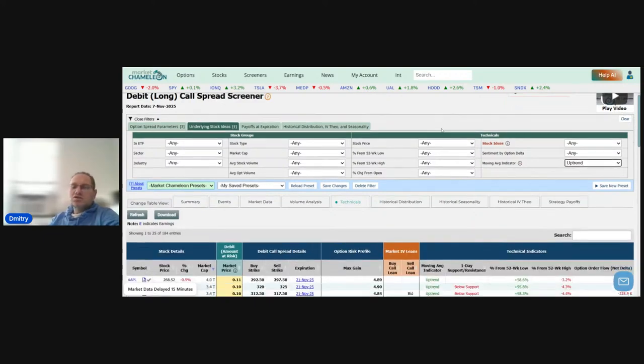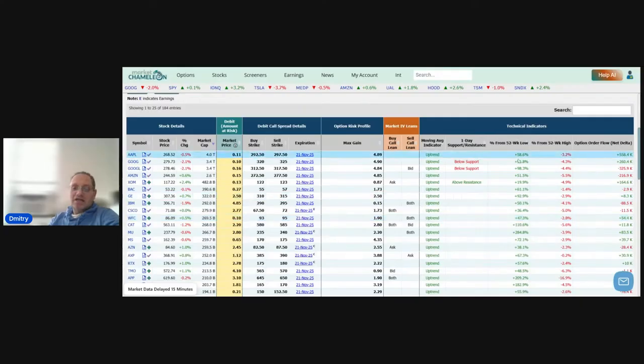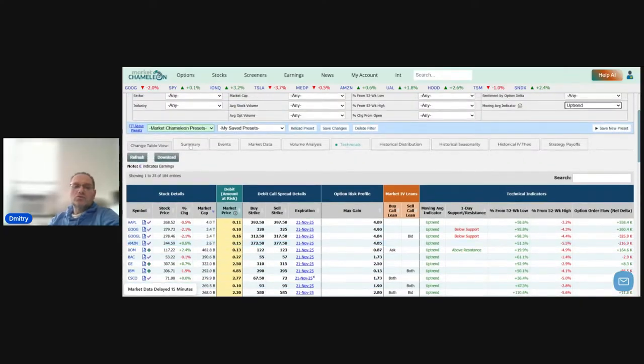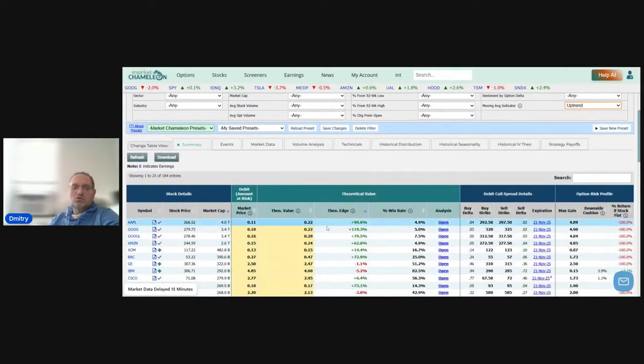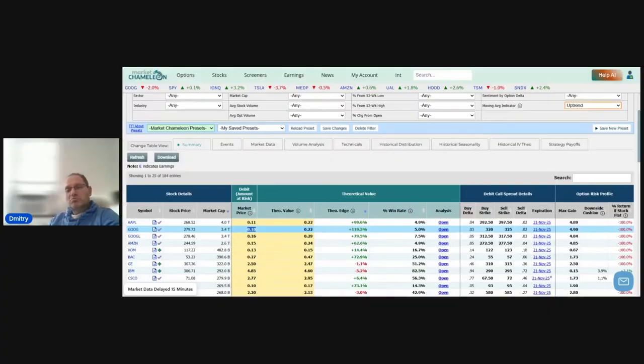Right. So this is now showing us all the stocks that are in an uptrend, where we filtered out those particular call spreads, all these call spreads based on the criteria of the market price being below our theory, or the best ones relative to our theoretical value.